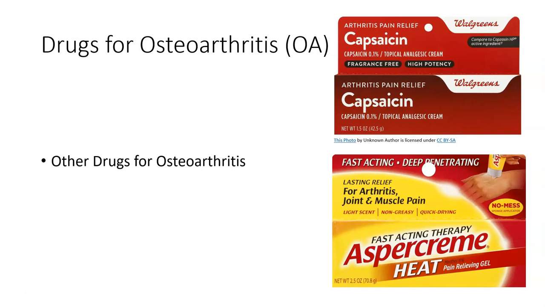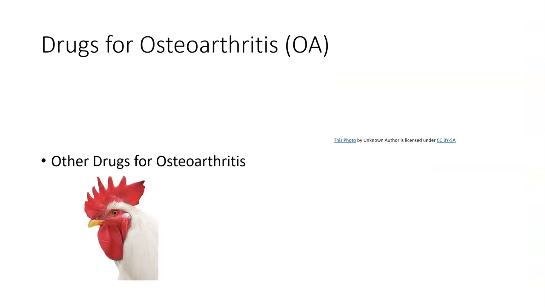And then we have hyaluronic acid, which is really weird, in that it either comes from the comb on a chicken or a rooster, or it can be made by bacteria. But it's very thick, and it can be injected into your joints to increase the viscosity of your synovial fluid. It kind of lubricates your joint.